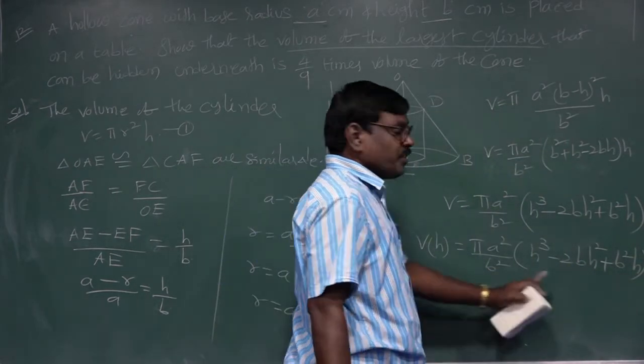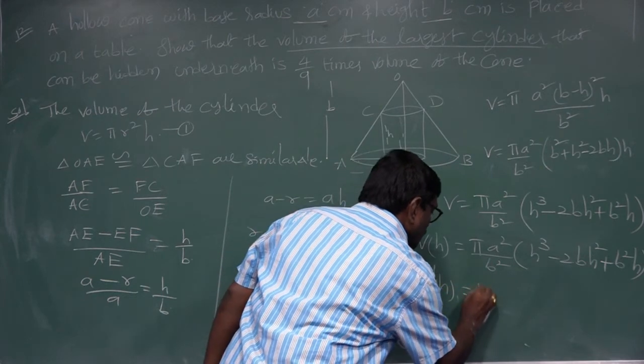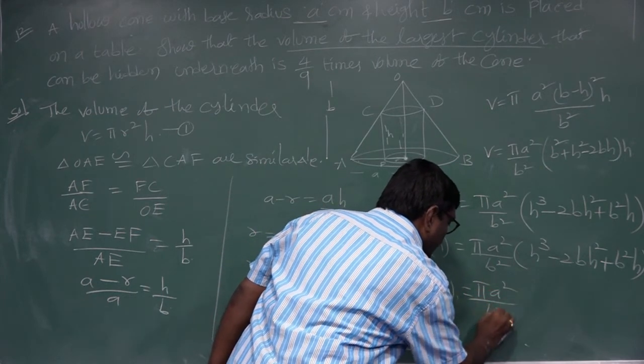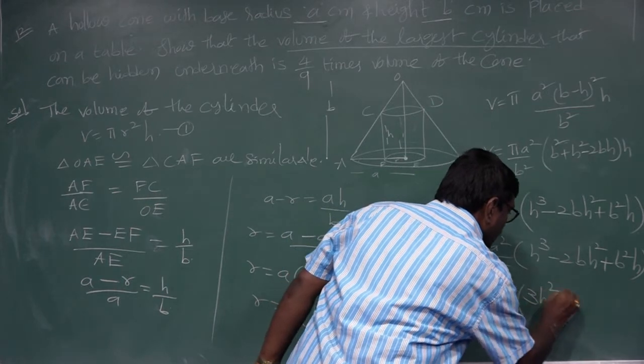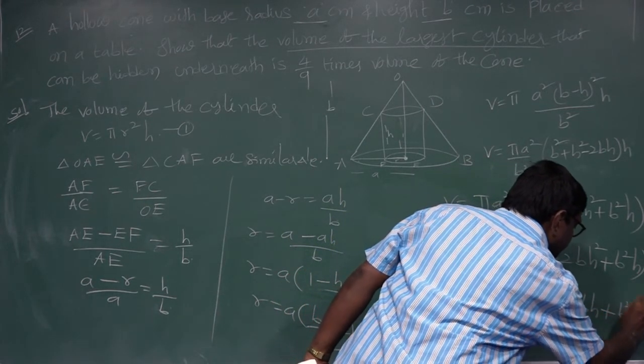Differentiating with respect to H: V dash H equal to pi A square by B square into 3H square minus 4BH plus B square.